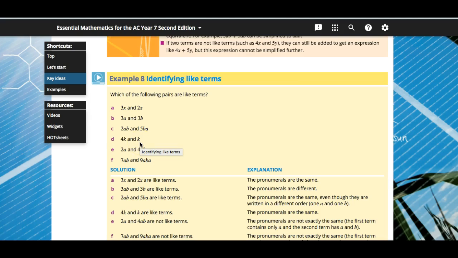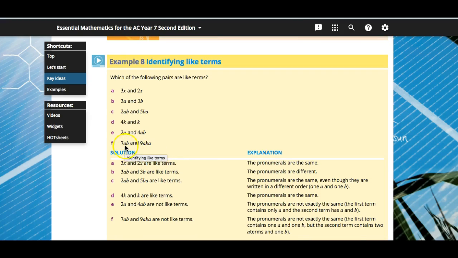Altogether I have 5 kangaroos. Here I've got 2 apples, and here I've got 4 bottles of apple and banana juice, 2 different objects. You cannot add them together, so I just leave it like that. They're not like terms.